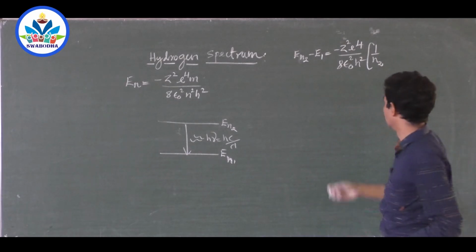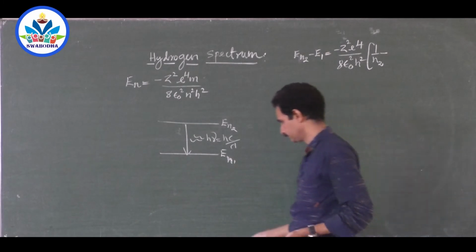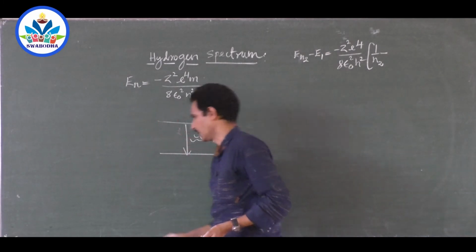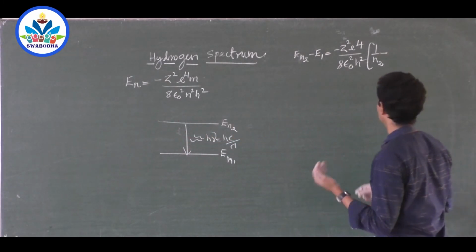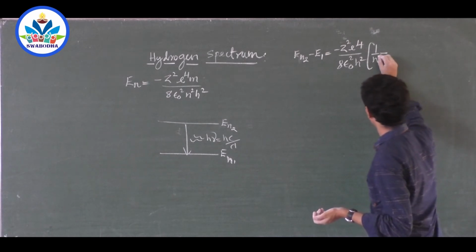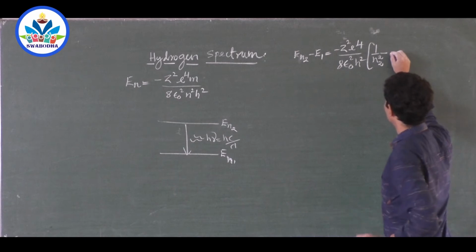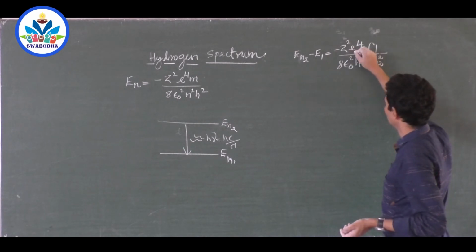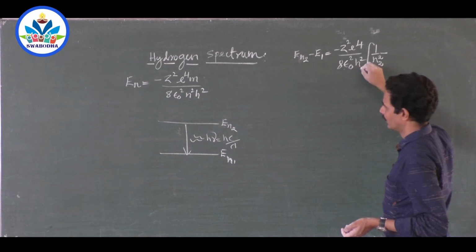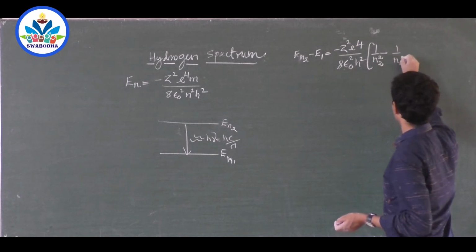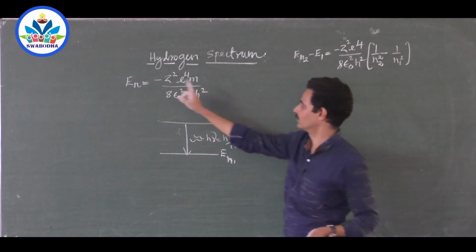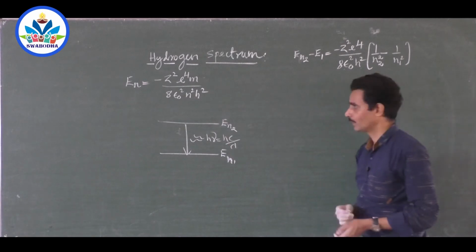To the lower energy level, minus, what is that? n1 square, minus again the same, Z square e to the power 4 m divided by 8 epsilon naught square h square n1 square. The minus sign I have taken outside itself. So 1 by n2 square minus 1 by n1 square.